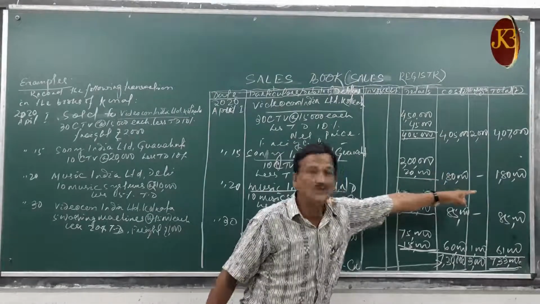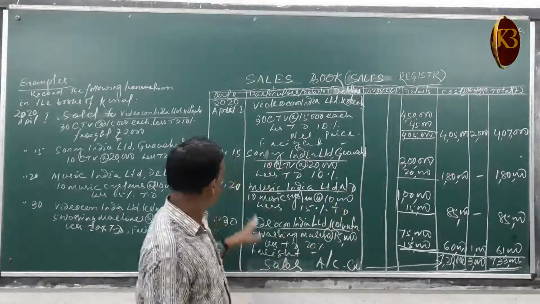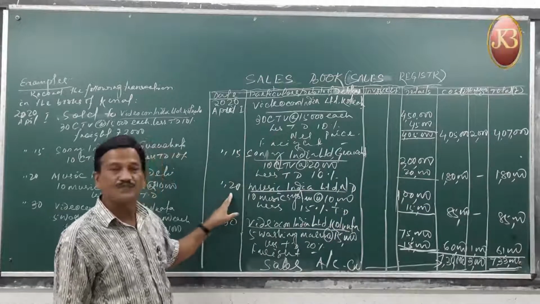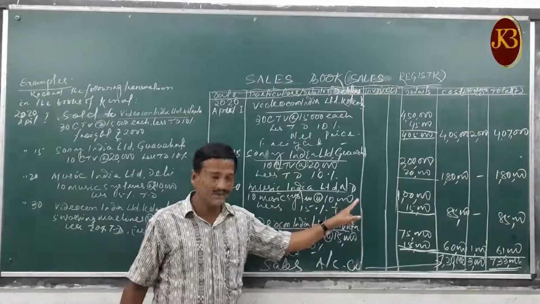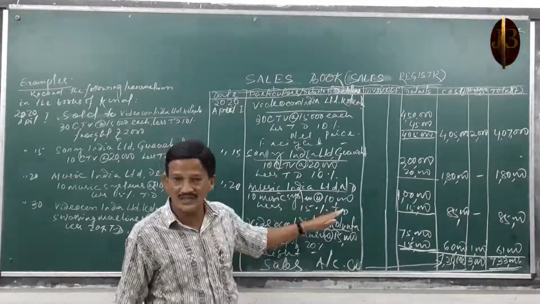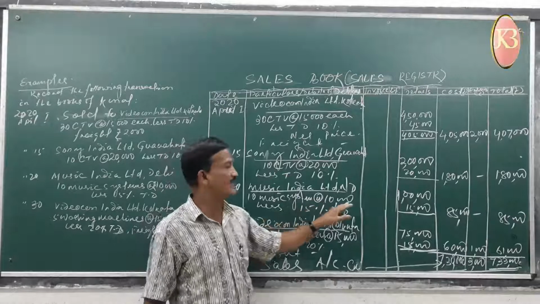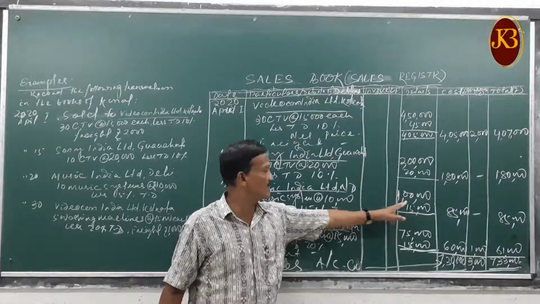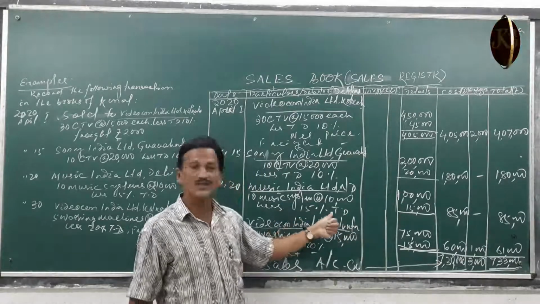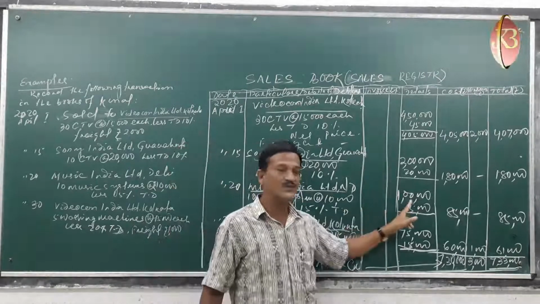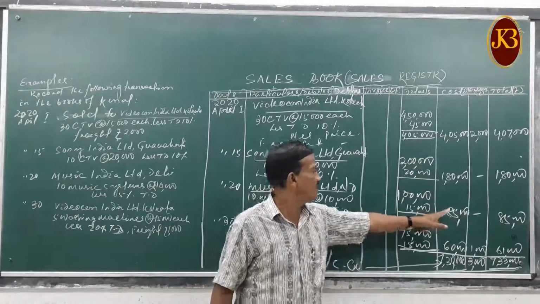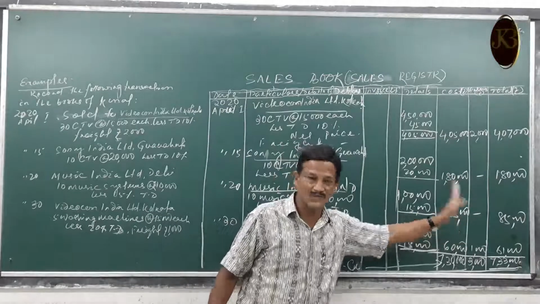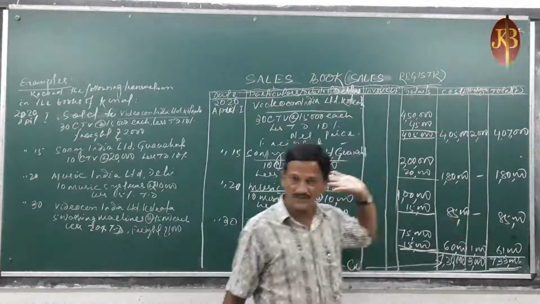So total amount 1,80,000. Then April 20, Music India Limited. That is 10 music systems sold at the rate of 10,000 each. So total is 1 lakh, less 15% trade discount, that is 15,000. Then net price is 85,000, so total amount is 85,000.